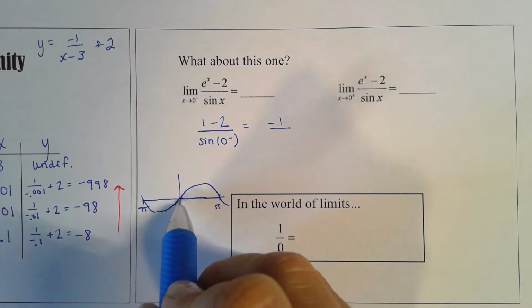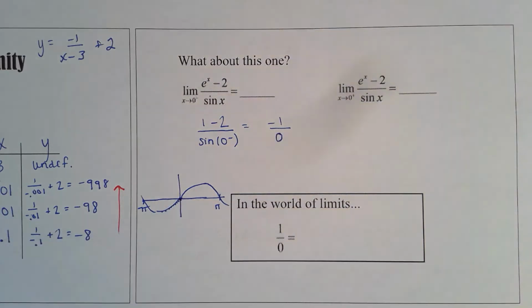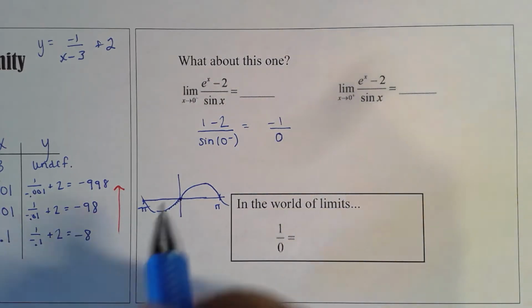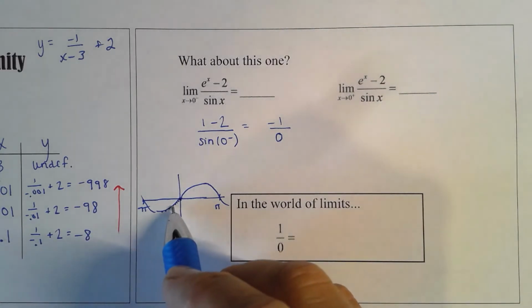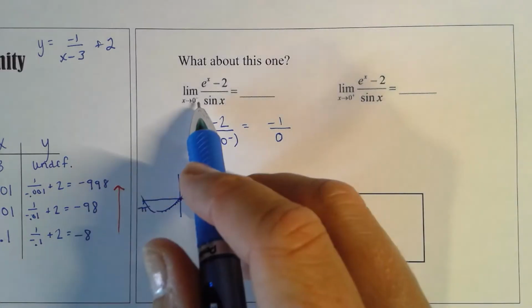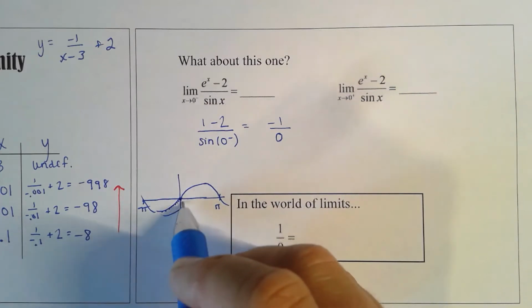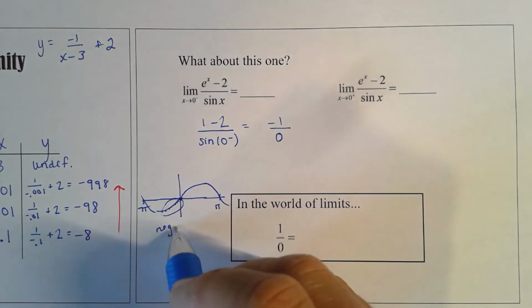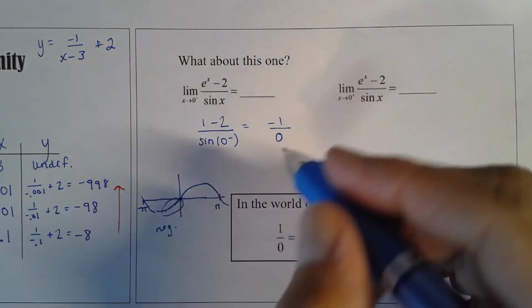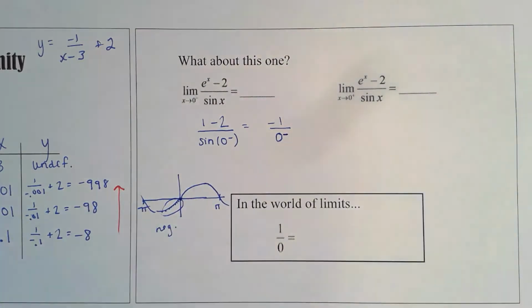Am I approaching? Yeah, I'm approaching 0. That's been the problem since day 1. We're dividing by 0. But be careful, because we're dividing by not 0 if we're coming in from the left, but all of these y values are negative. So I'm going to write down a 0, but it's negative.